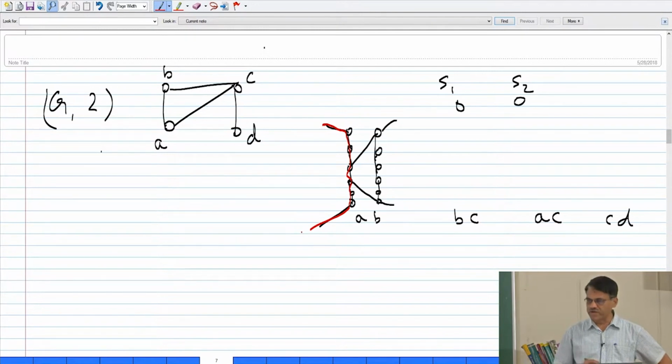This is one possibility. What is the other possibility? It might just come here and go here, come back here, and come back out here. So it will enter and exit through the same side. Either it will visit both sides of the gadget and come back, or it will come out only through this. This is the only way any Hamiltonian cycle will visit this gadget.